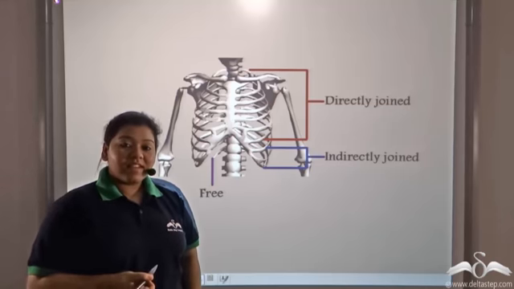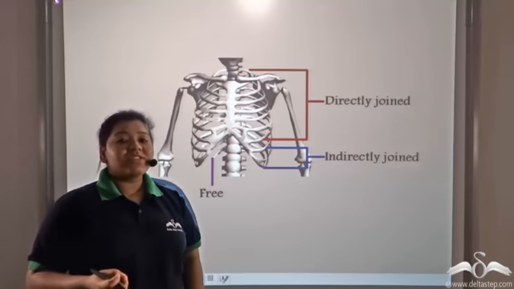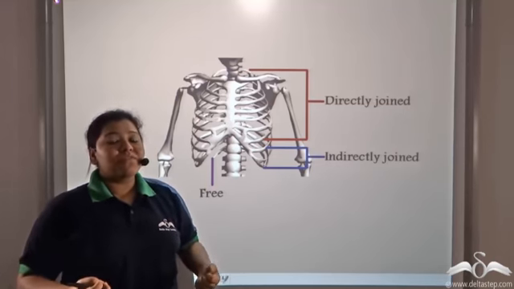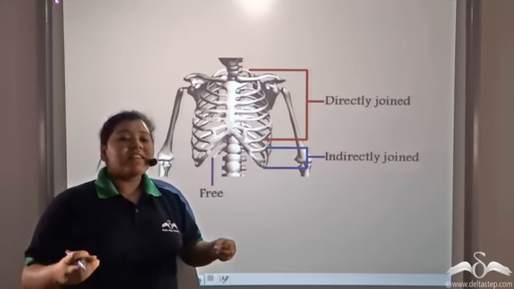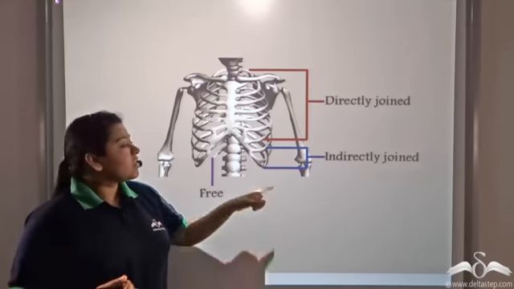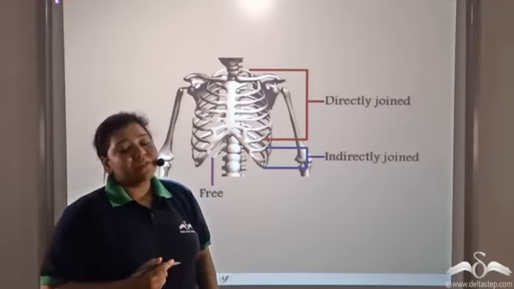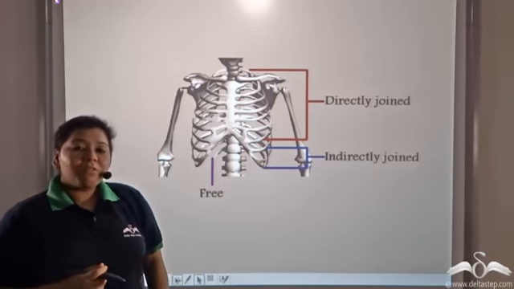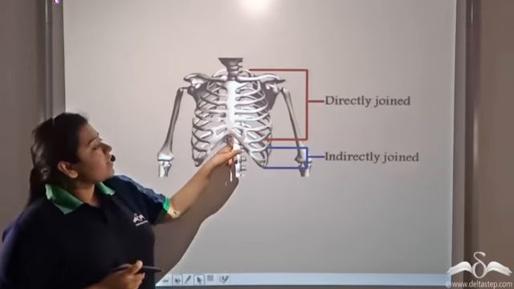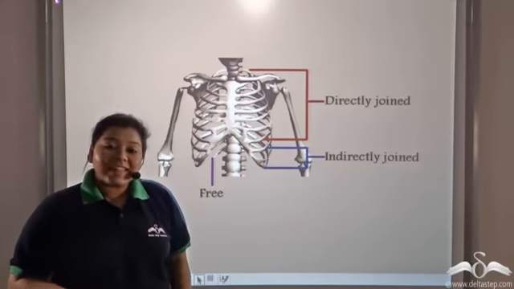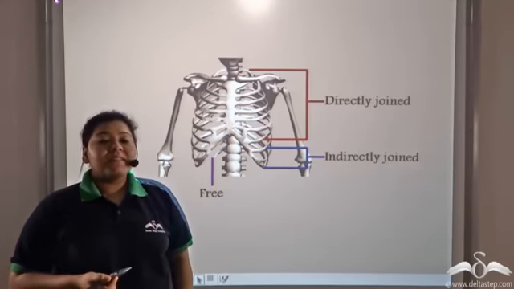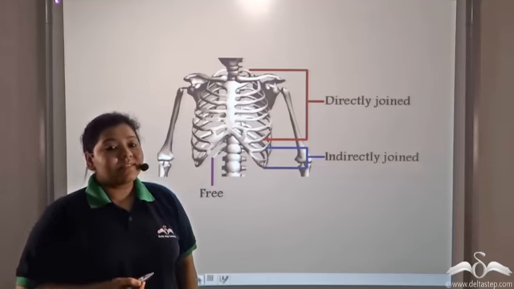How so? Well, the cartilages of these 3 pairs of bones fuse with each other, and in turn they fuse with the cartilage of the 7th pair of rib bones. Finally they go and attach to the sternum. So they are not directly joined to the sternum, but they are indirectly joined.